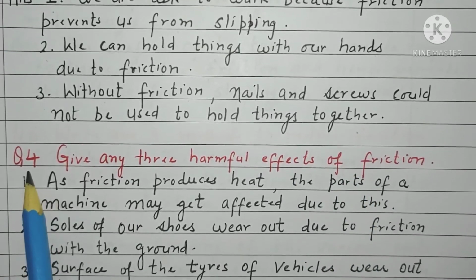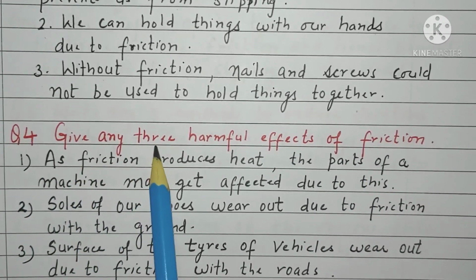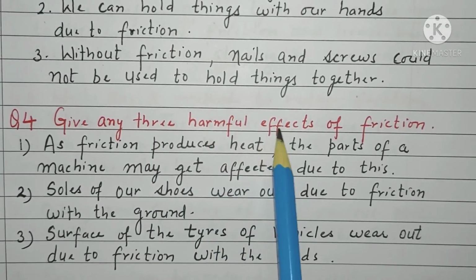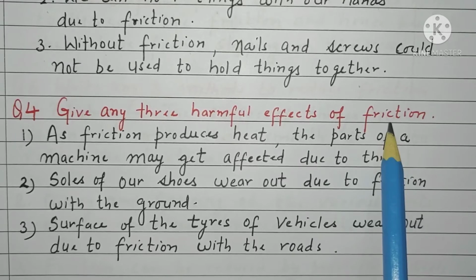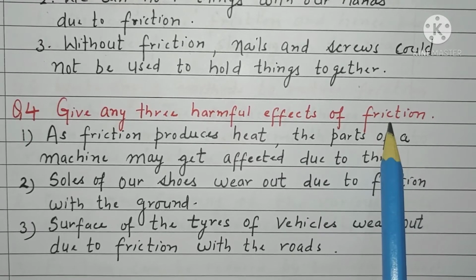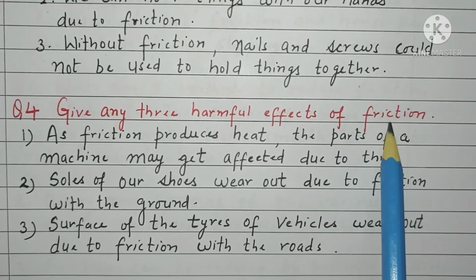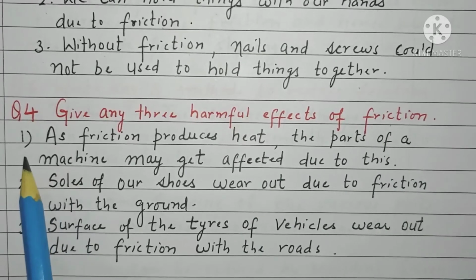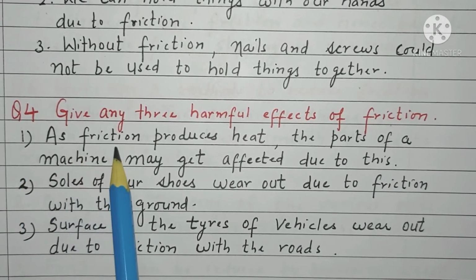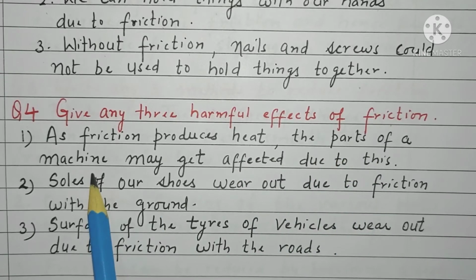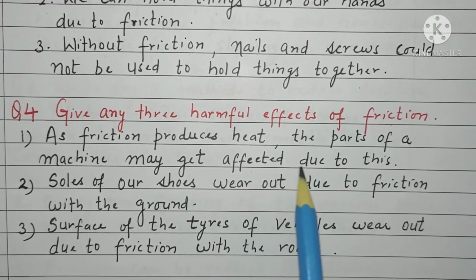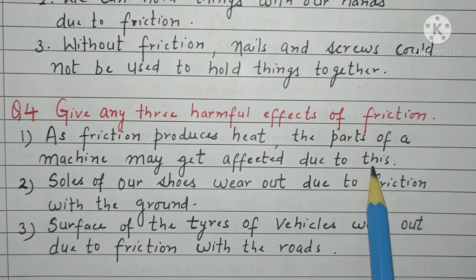In question number 4, we'll be discussing any 3 harmful effects of friction. As we did, friction is a necessary evil. No doubt it is important, but still there are some harmful effects also. So the first is, as friction produces heat, the parts of a machine may get affected due to friction.